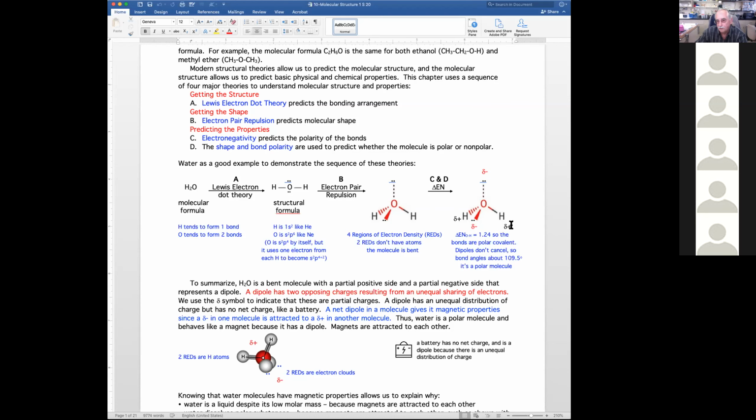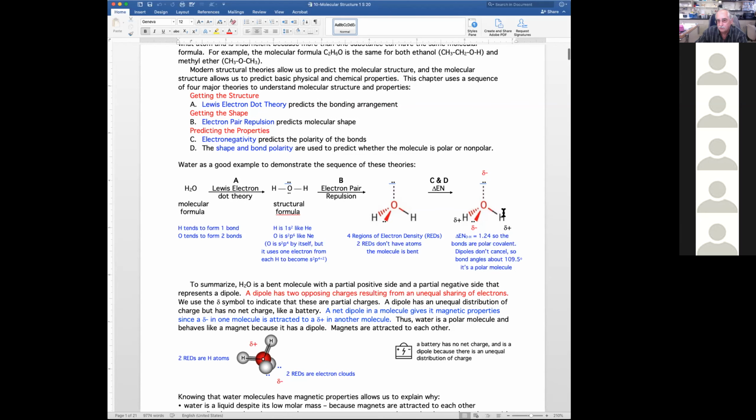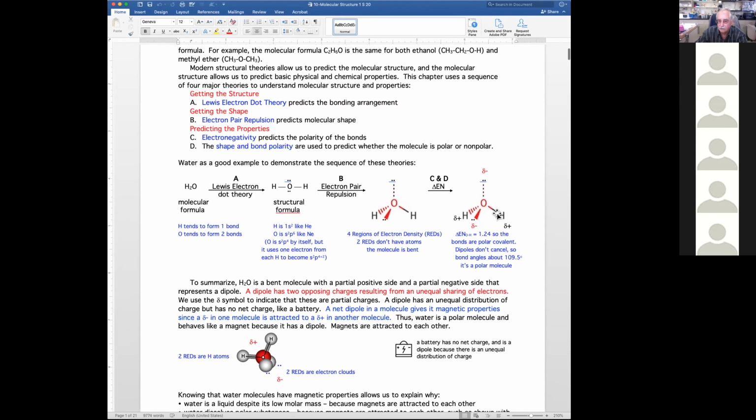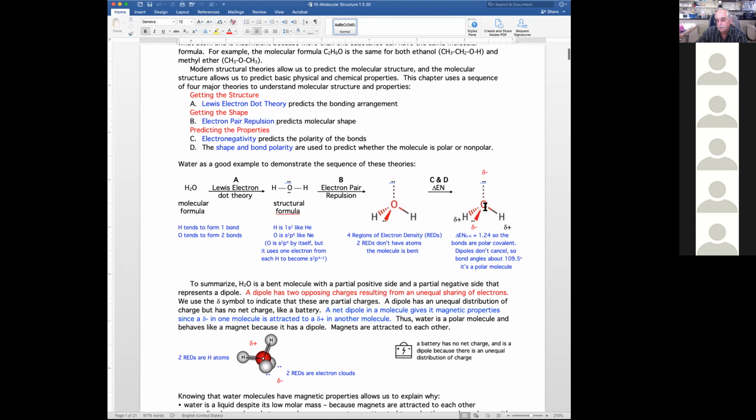But if it's within the medium range, like many bonds are, then they're polar covalent, and we put charges across the bond because the electrons are not shared equally. So oxygen, being way more electronegative than hydrogen, pulls the electron cloud away from the hydrogen, leaving a partial positive charge on the hydrogen. Instead of putting the negative charge right here on the atom, we usually move it out to the non-bonding electron pairs because those are the ones that are actually negative, not the nucleus.